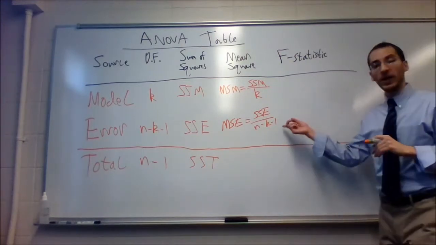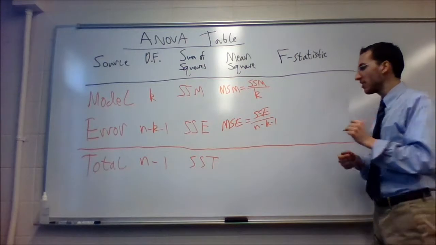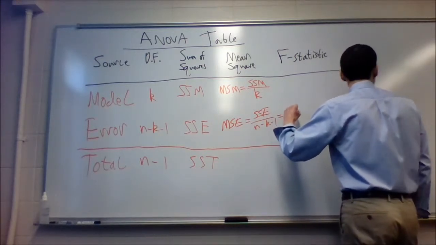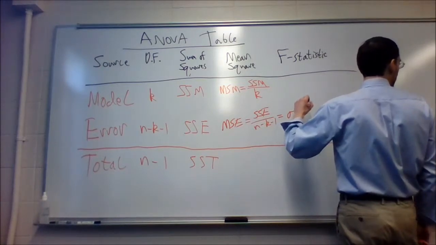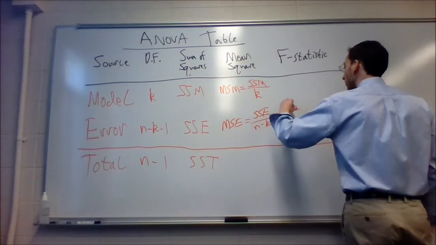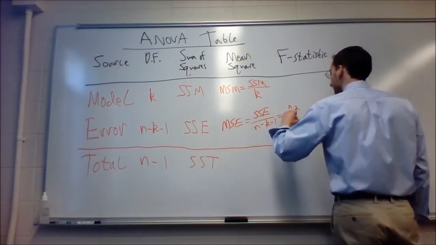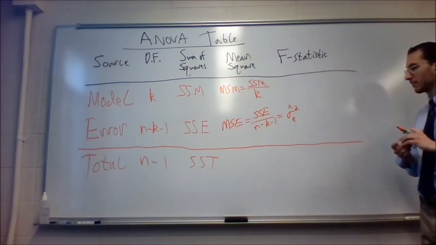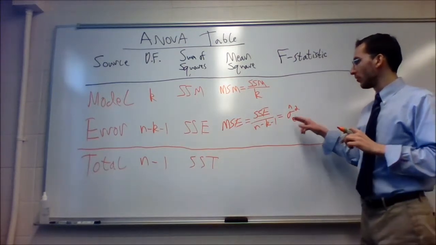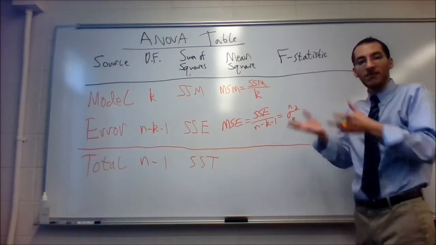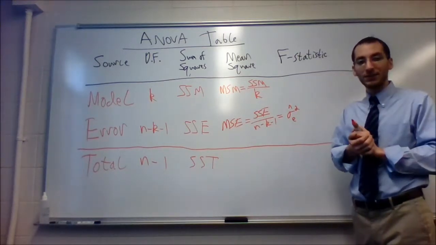And if I want to make a quick connection to things we've seen before, this is equal to the square of the residual standard error. So this mean square error is simply equal to the square of that residual standard error that R gives you.